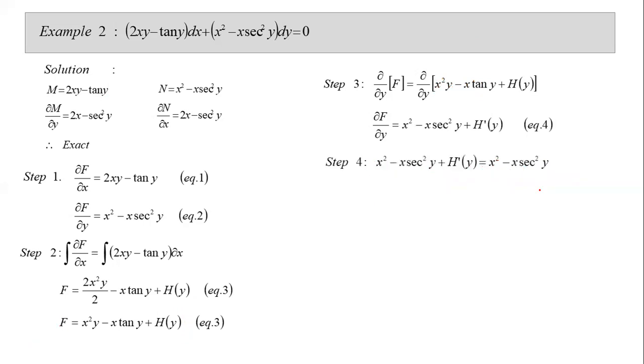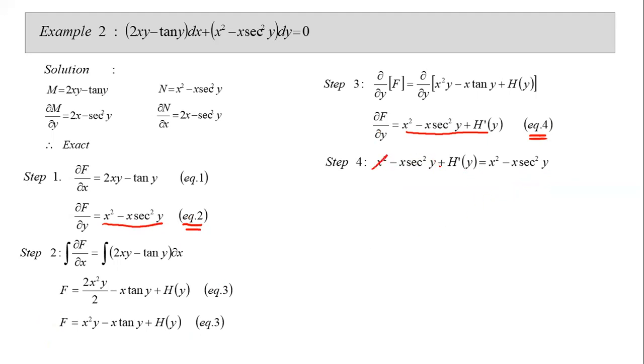And then step 4, we shall equate equation 4 and equation 2. All right. So you shall have x squared minus x secant squared y plus h prime of y equals this x squared minus x secant squared y. And then we combine.